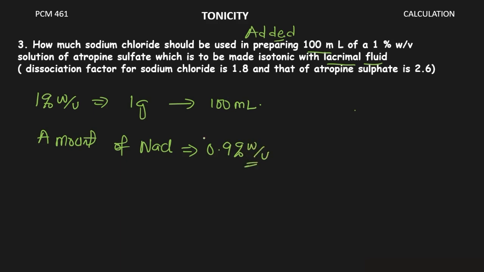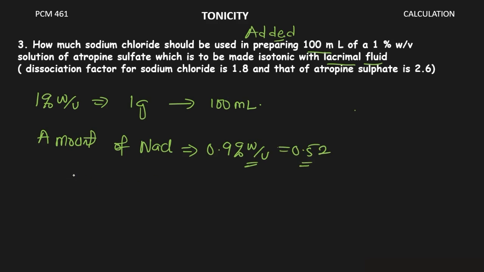Is that okay? This one is also 1% weight by volume, which equals 1 gram in 100 milliliters. So the amount of sodium chloride that will give us 0.52 tonicity is 0.9% weight by volume.